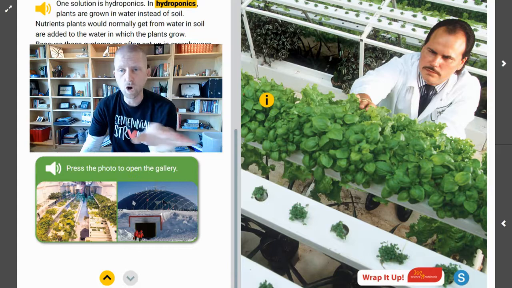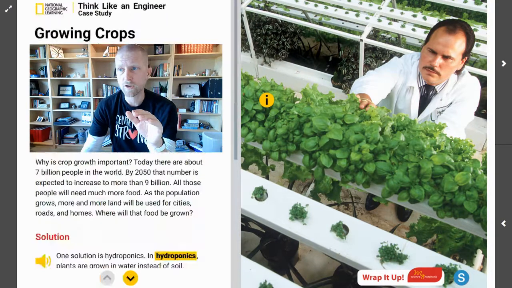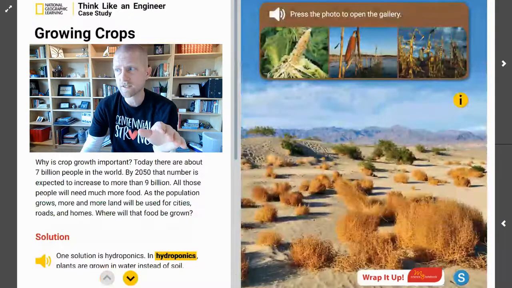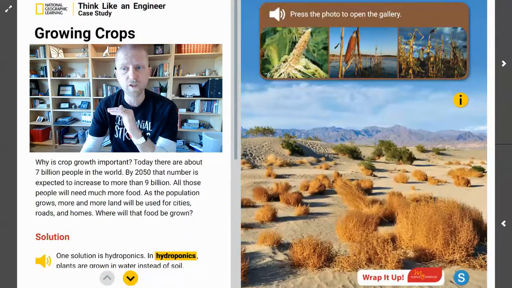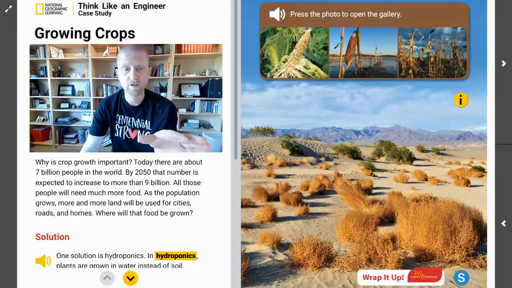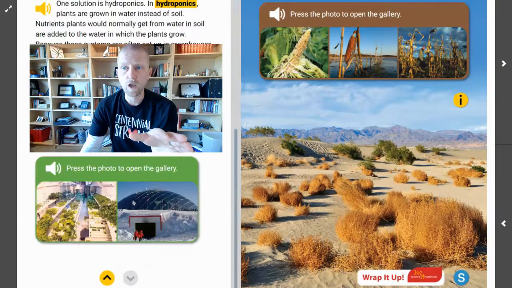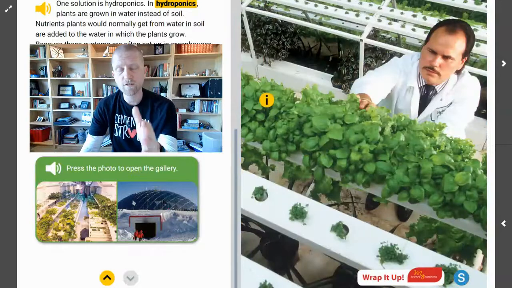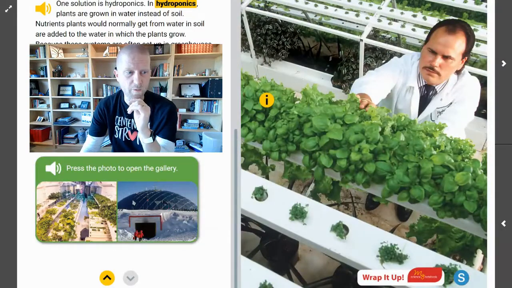And we know that those conditions have to do with drought, with pests, and with the changing weather patterns and climate change. We also wanted you to be able to describe hydroponics and explain how its use can help increase the supply of food for humans.